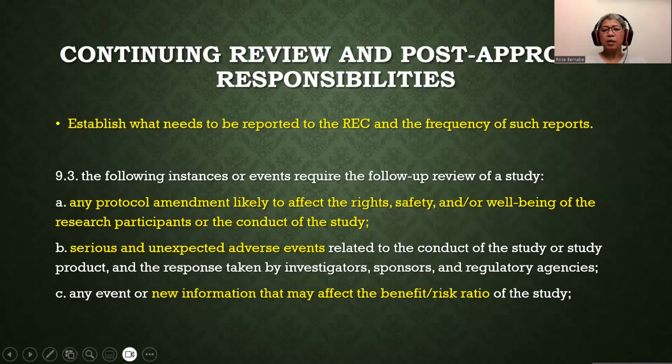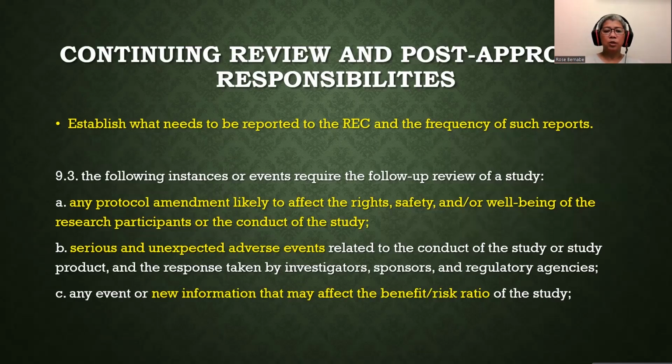Now, post approval, that is, once an ethics committee gives its thumbs up to an application, there would still be continuing review and post approval responsibilities. What these are is not very clear, right? But one perfunctory responsibility is the responsibility to receive periodic reports, right?